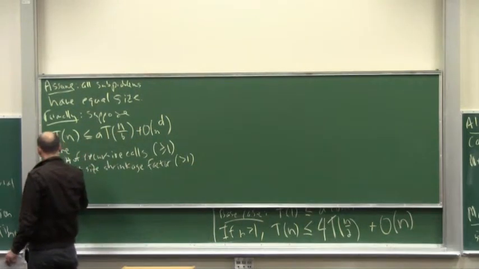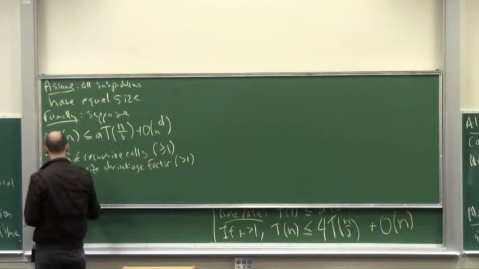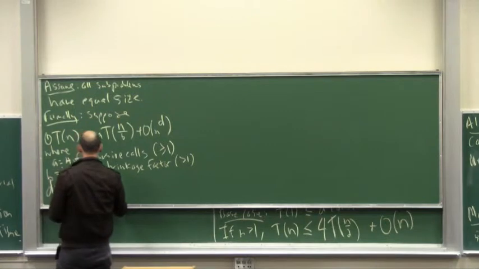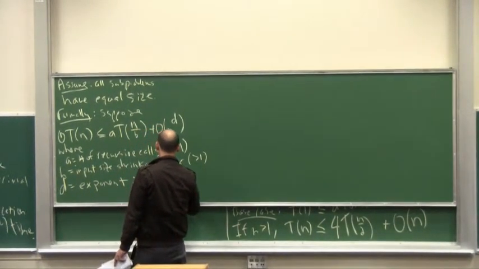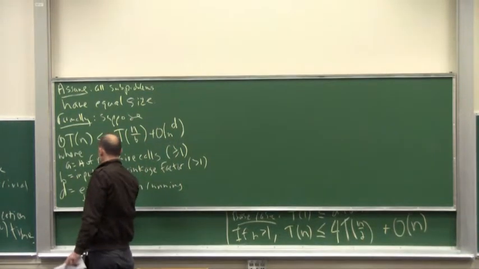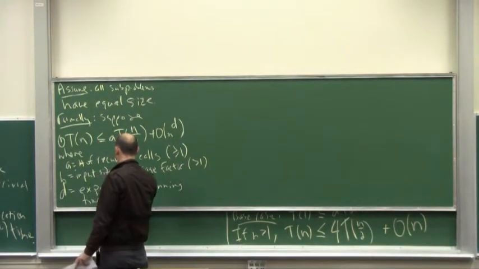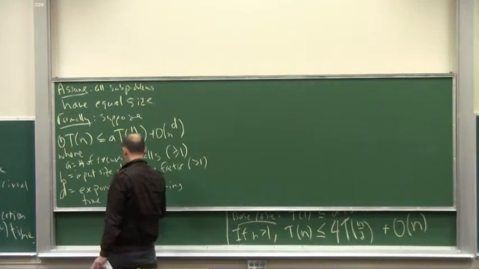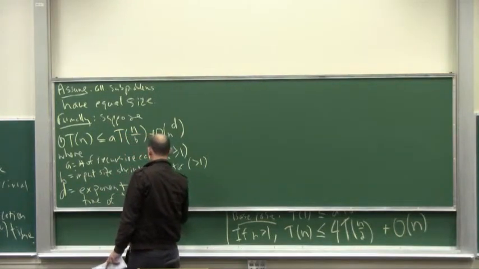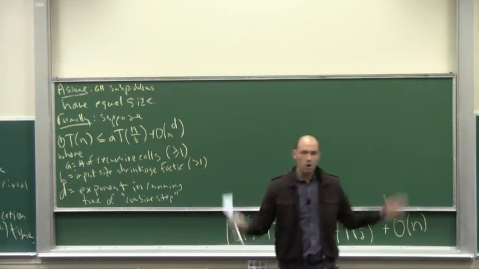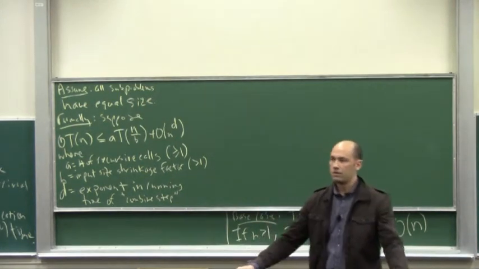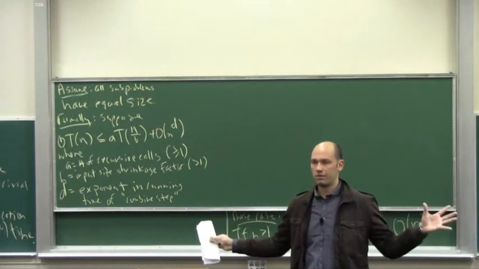And D, so far we've only seen the example of D equal 1. So D is the exponent in the running time of, I'm going to call it the combine step in some sense. So again, remember, in a recursive algorithm, there's work you do inside the recursive calls, and there's work you do outside the recursive calls.